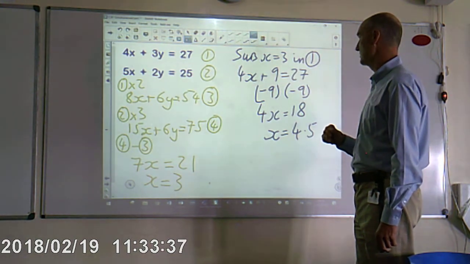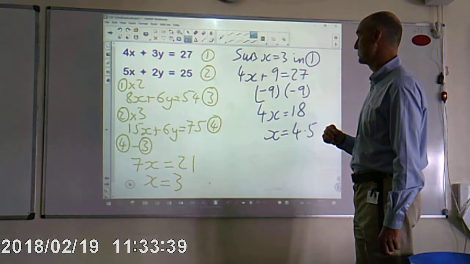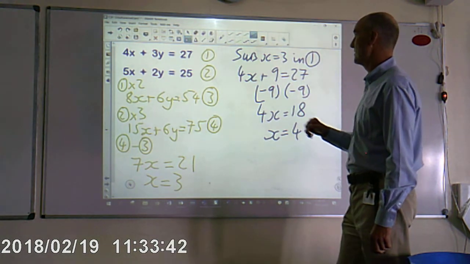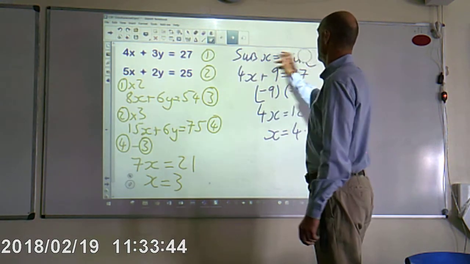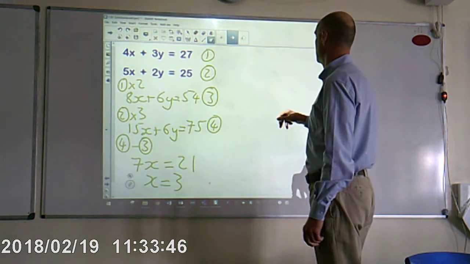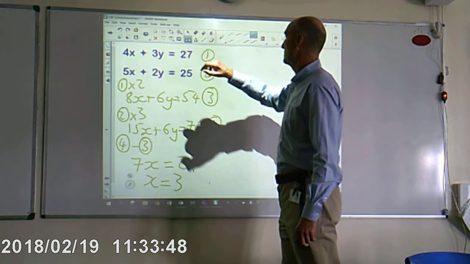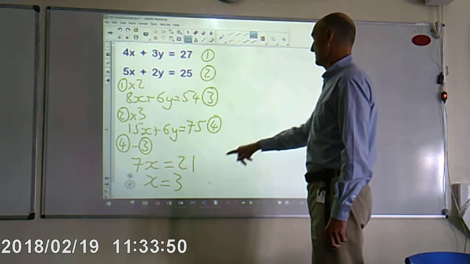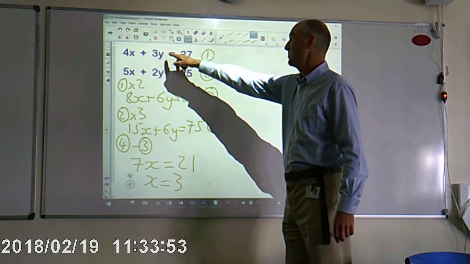Oh, sorry, that's y, isn't it? Hold on. Yeah, got that the wrong way around, didn't I, ladies and gents? Sorry. Let's just go back on that. Good job I thought about that. Right. We've got x equals 3, not y equals 3.